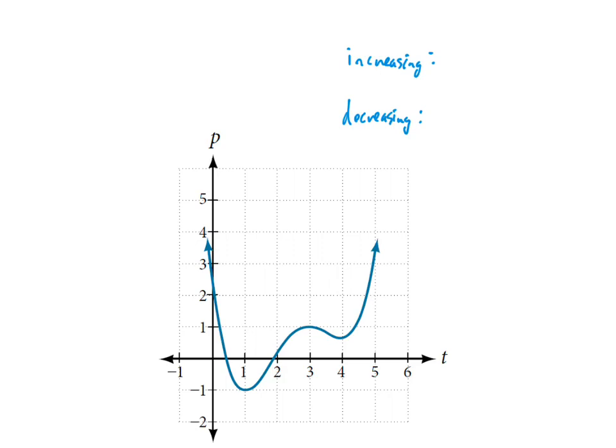If I start on the left-hand side, all the way to negative infinity, I'm going downhill. I'm decreasing until I get to this point right here. Then we increase up to this point. We decrease from 3 to 4, and then we start to increase again.